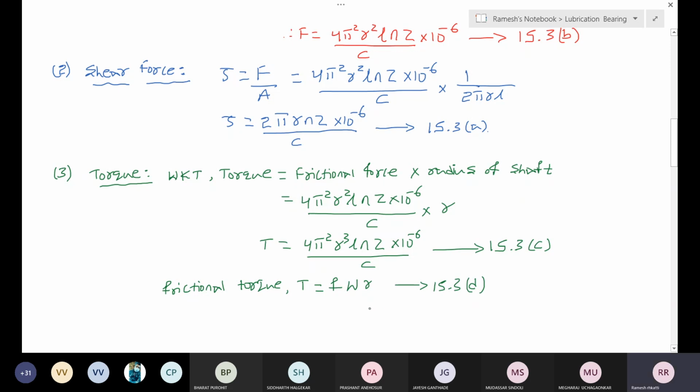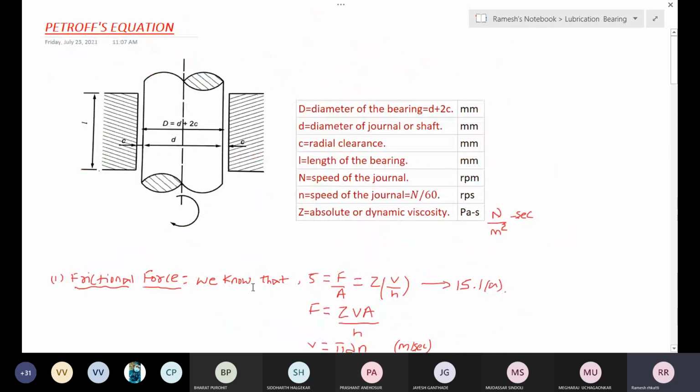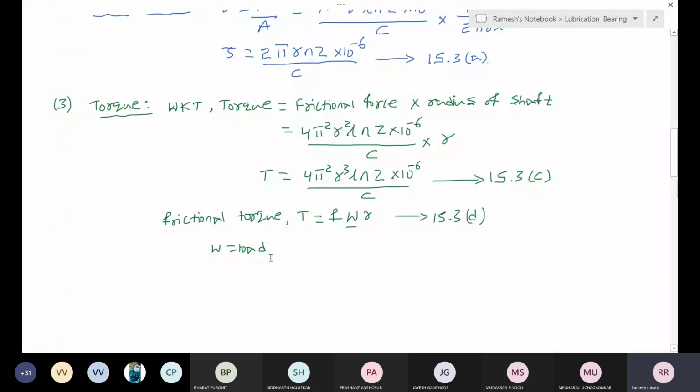Now whatever the load is, W is nothing but the load which is acting on the journal bearing. How are you going to find out the load?